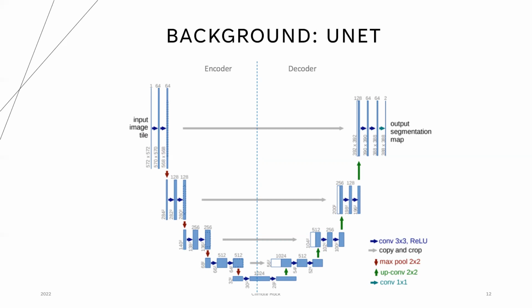This leads to a final latent representation at the bottleneck of the network. From the bottleneck, the decoder part of the UNet computes feature maps of increasing resolution from this latent representation to finally get to the final input resolution in order to get your final output.